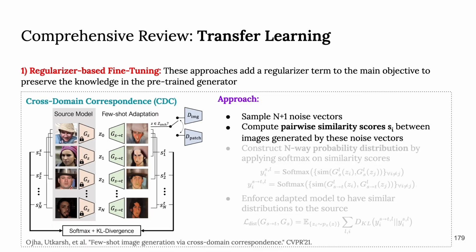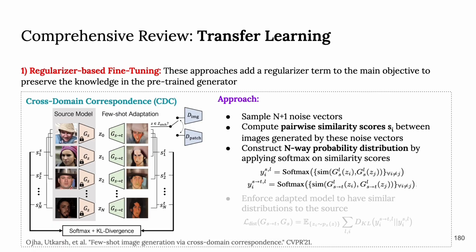After this, they have n similarity scores for the source generator, and n other similarity scores for the adapting generator. They pass these scores to a softmax operator, and they get two probability distributions, one for the source generator and the second for the target generator. Here, the first row of the formulation is for the source generator, and the second one is for the target generator.